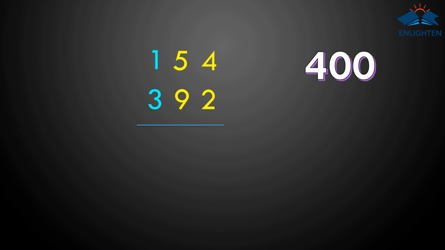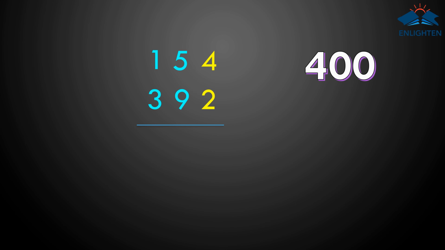Let's do another example. 154, 392. First add hundreds place, then tens place. Next, units place. 1 plus 3 equal to 4. As it is in hundreds place, 400. Now, 5 plus 9 equal to 14.